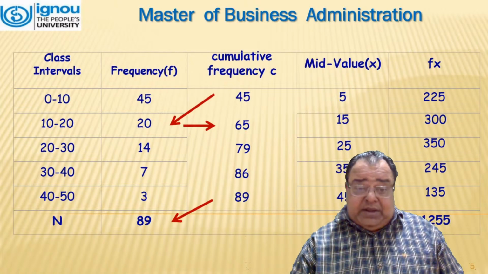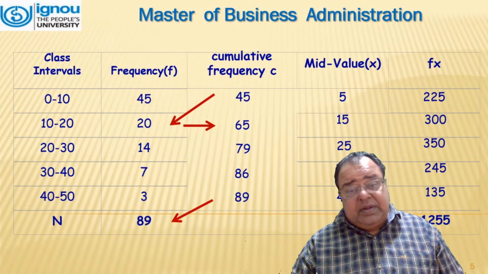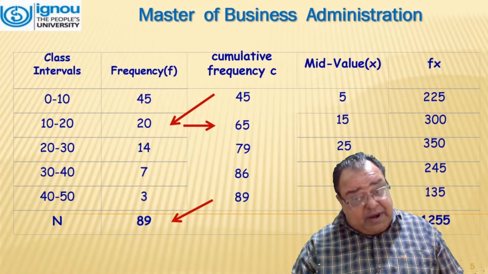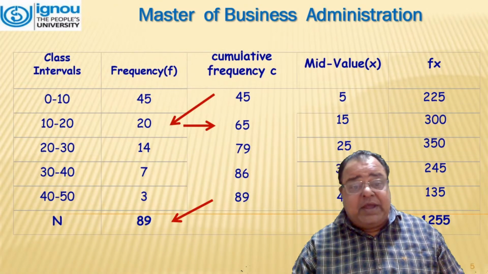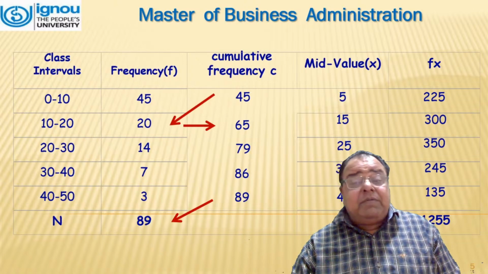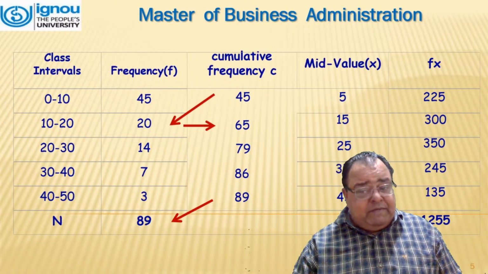Since we have to find mean, median, mode. For finding, first of all, for finding mean, we have to find the summation of fx. That means we will be multiplying. Initially we will be finding the mid values.